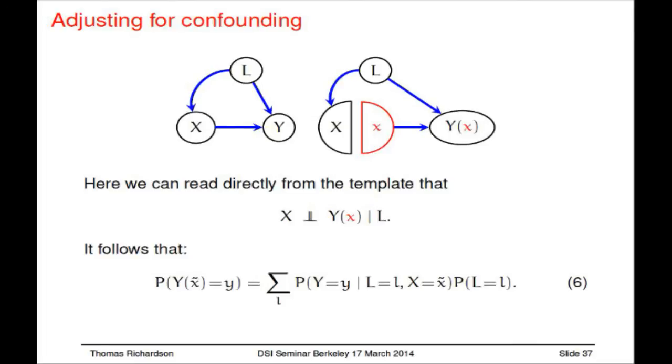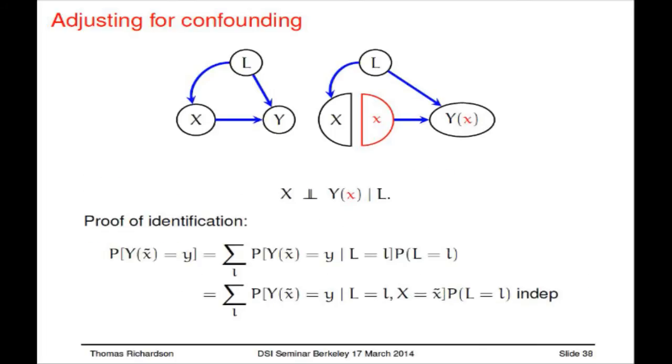Okay, and it will then follow, this is conditional ignorability, going back into the potential outcome language. It then follows that the intervention distribution, the distribution over y intervening on x, can be obtained via this formula, which epidemiologists and biostatisticians will recognize as standardization, or in the computer science and causal literature, this is called the backdoor formula.